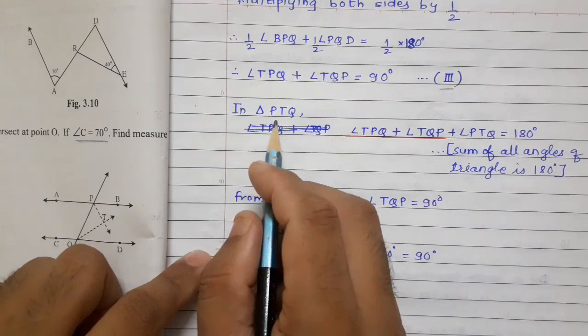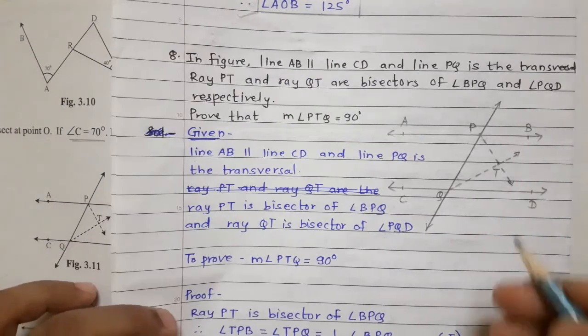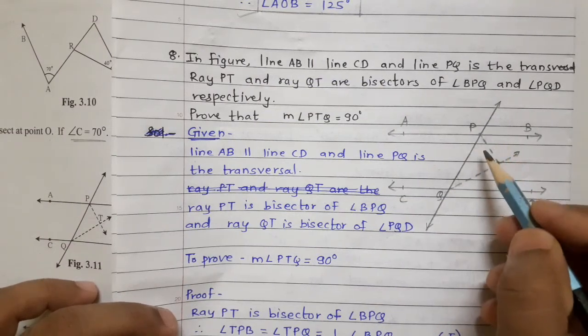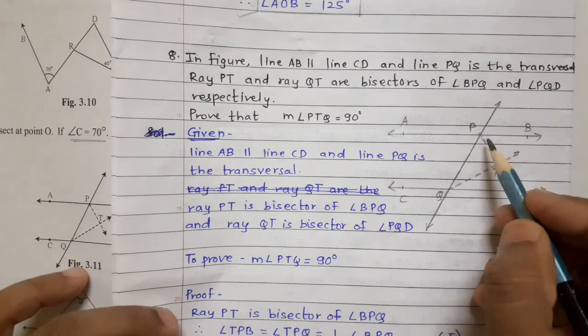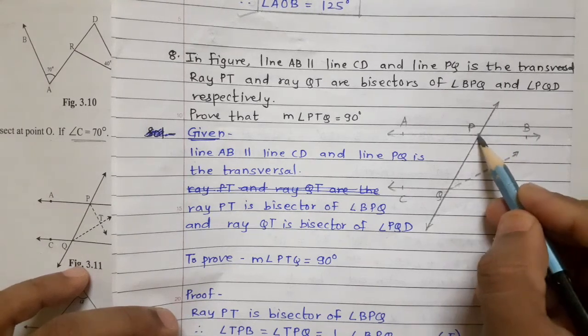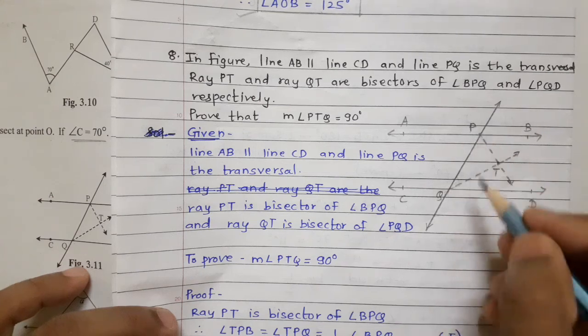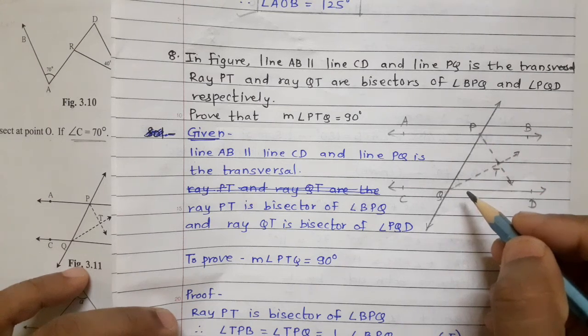Now, in triangle PTQ, we have angle TPQ plus angle TQP is equal to 90 degrees in equation number 3.